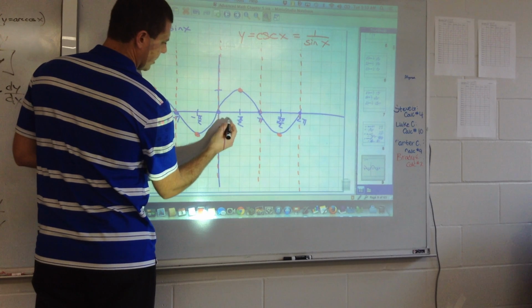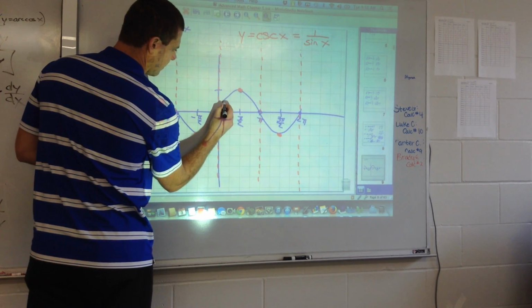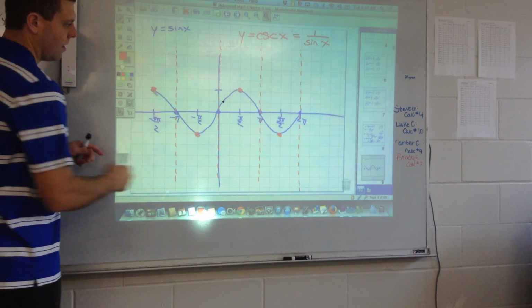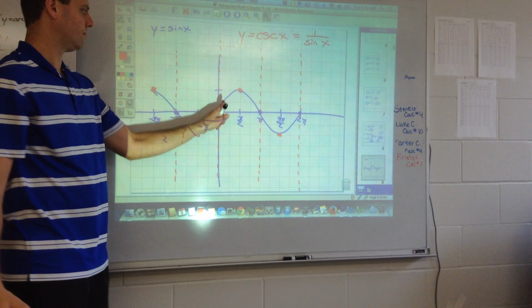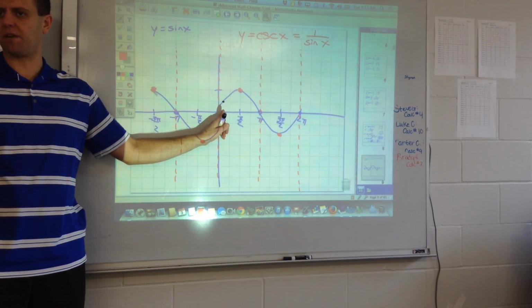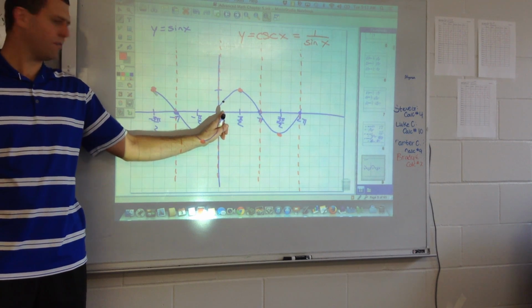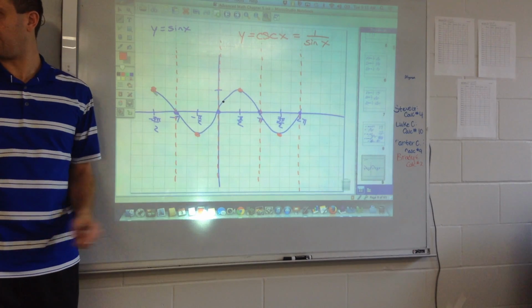Let me take this value right here. I don't know what x value that is. Well, actually, I do. Pi over 6. That's a 30-degree angle, right? What's the sine of a 30-degree angle? 1/2, right?